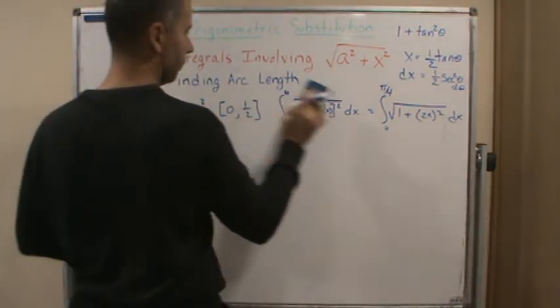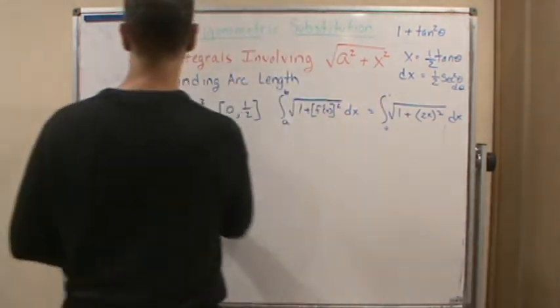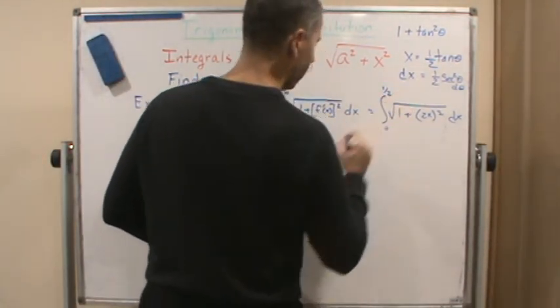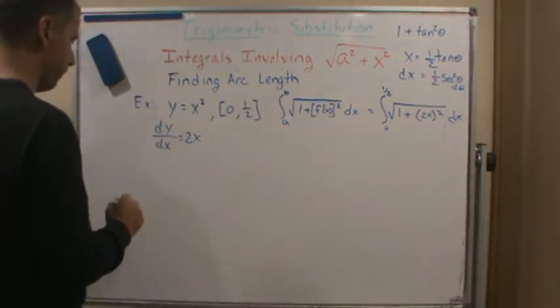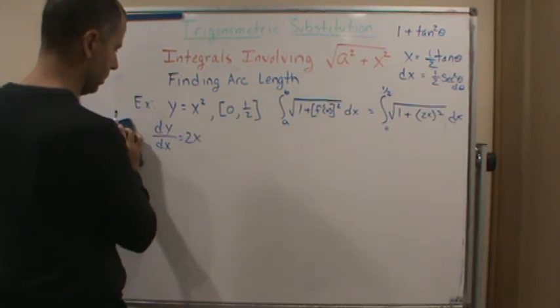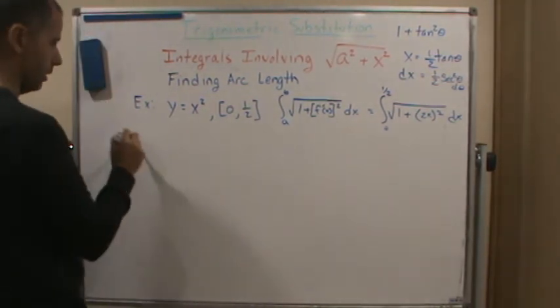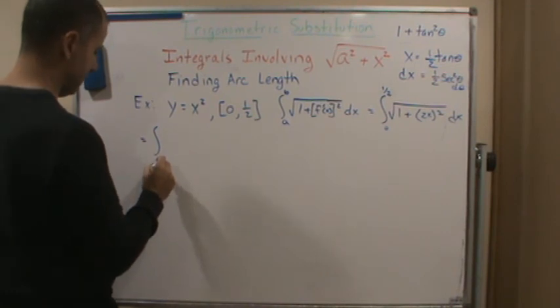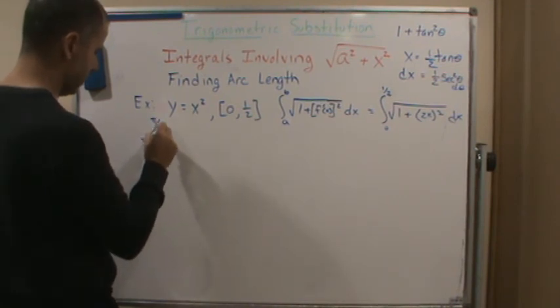Oops, we didn't substitute yet. So we're going to go from 0 to pi over 4.